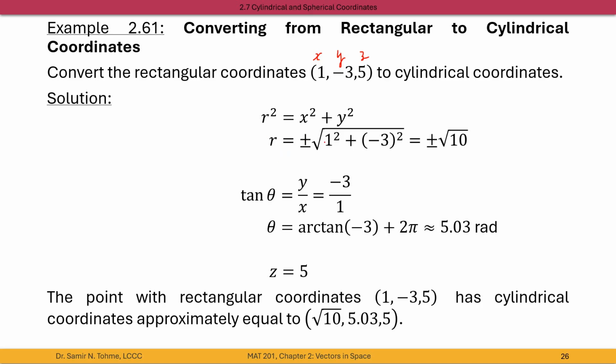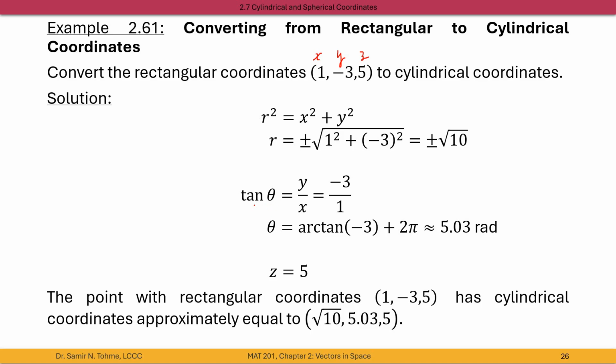Now let's find r, which is equal to the square root of 1 squared for x, and y is equal to minus 3. Replace it here and don't forget to square and then add them. So r should be positive, so r is radical 10.